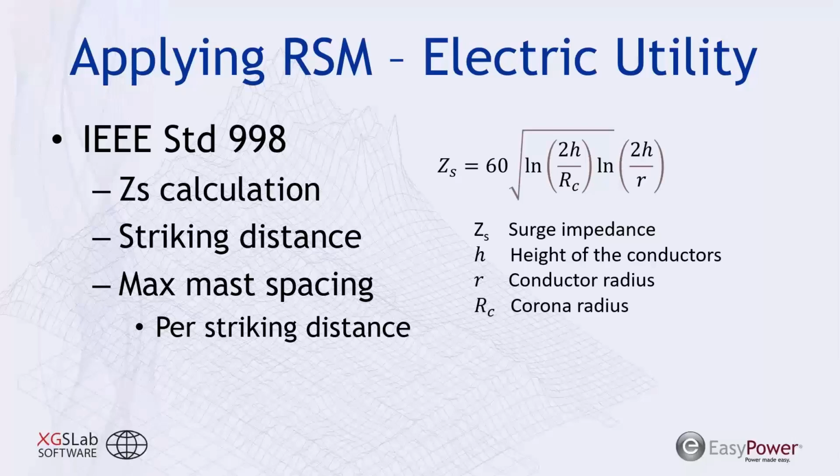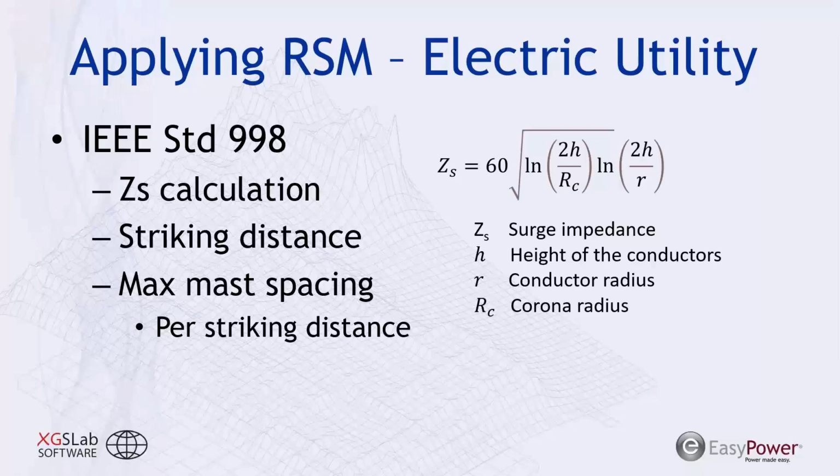But the same concepts would apply to another type of structure, such as a structure that is housing explosive materials. You can use the same type of calculation to make sure that you have a correct protection zone. Your R value is the conductor radius. That's pretty understandable. But this corona radius, this R_C value, is actually another series of equations that you can look up in the annex of IEEE 998.